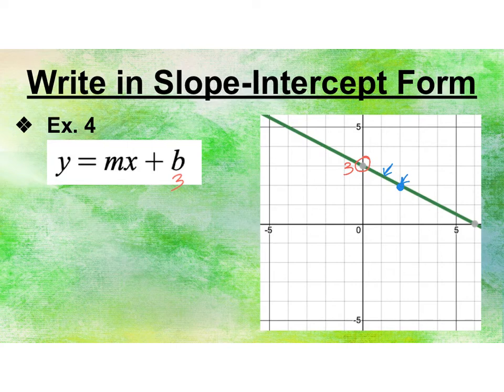So that means I'm moving down 1 and to the right 2. So downward would be -1, to the right 2 would be 2, and my slope is -1/2. When I put that together, my equation becomes y equals -1/2 x plus 3.